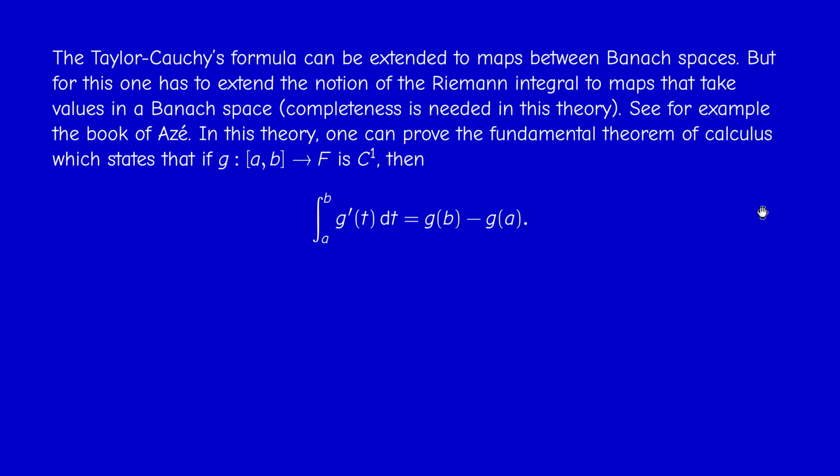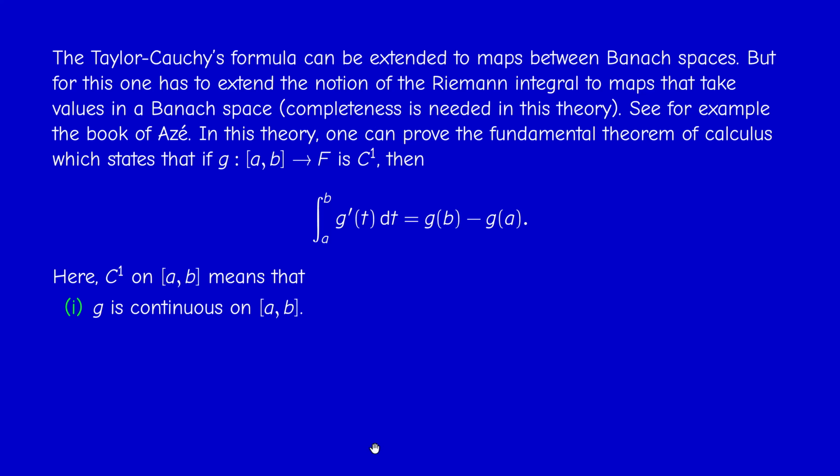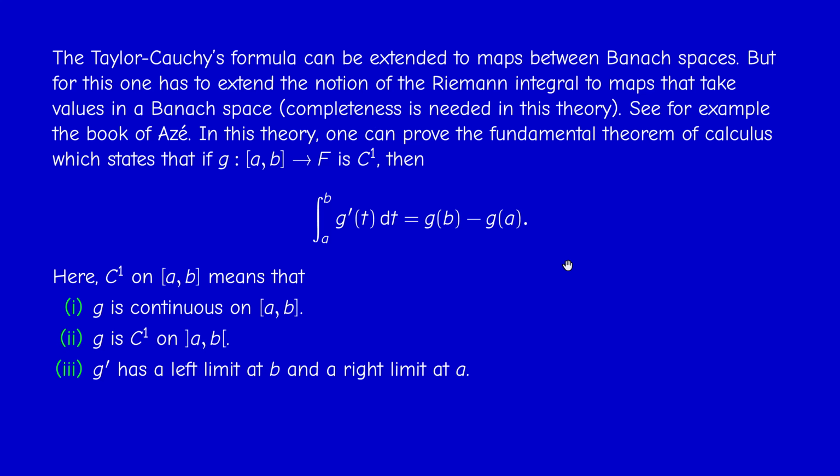Now, what do I mean by C1 if you are picky? Because you know what is C1 on an open set, but what do we mean by C1 on a closed set? C1 on a closed set means three things. g is continuous first on the closed interval [a,b]. It's C1 on the interior, and its derivative has a left limit at b and a right limit at a.